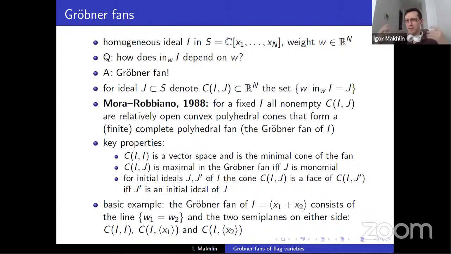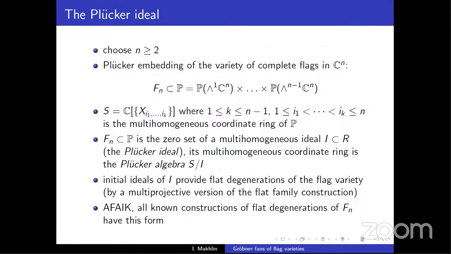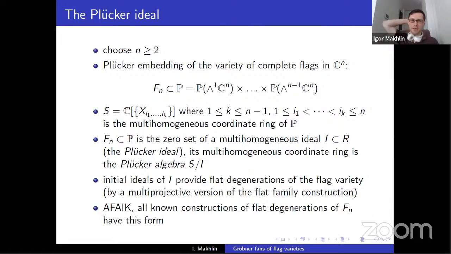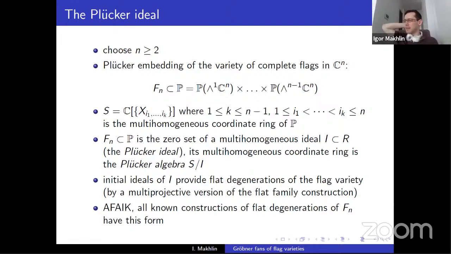But of course, in higher dimensions, it is more complicated, and we will see an example later on. Okay, and what is the fan of the maximal ideal? So if you take the irrelevant ideal, generated by all the xi's, if the ideal is monomial, it does not have any non-trivial initial ideal.